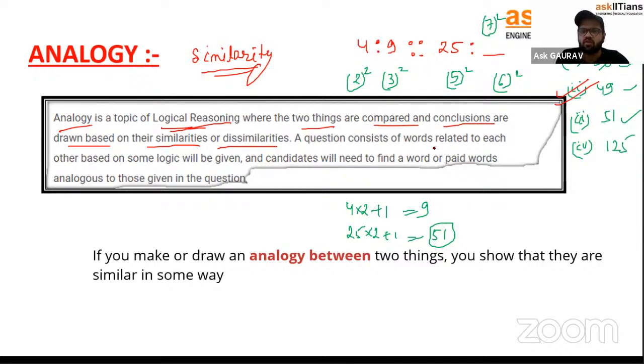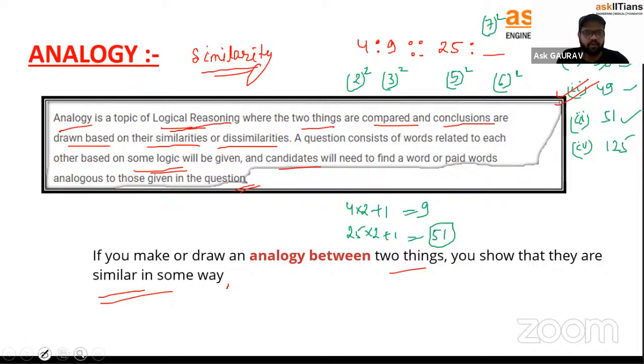Okay, so questions consist of words related to each other based on some logic, right? And candidates have to identify the other thing. If you make or draw an analogy between two things, you show that they are similar in some way. Analogy's basic meaning is similarity.